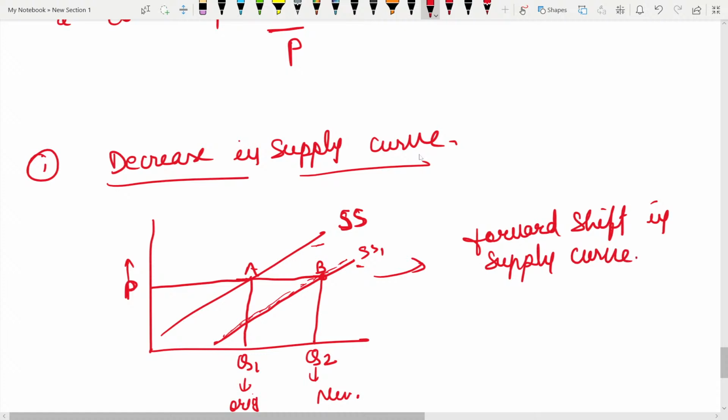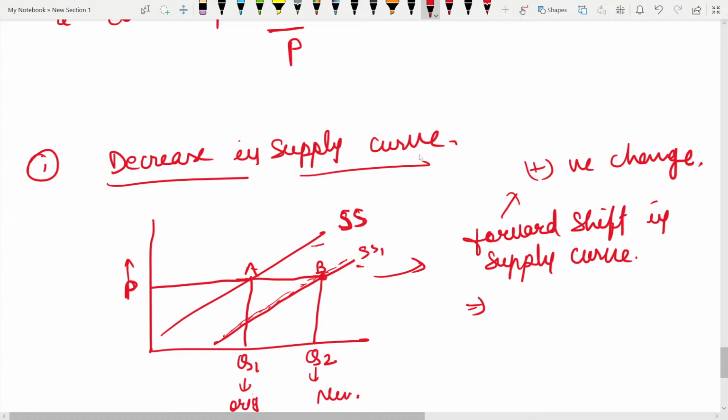Let me tell you that forward shift in supply curve is a positive change. Why is it positive? Because the change in factors taking place is positive, like improvement in technology, decrease in cost of production, increase in subsidy, decrease in taxation.